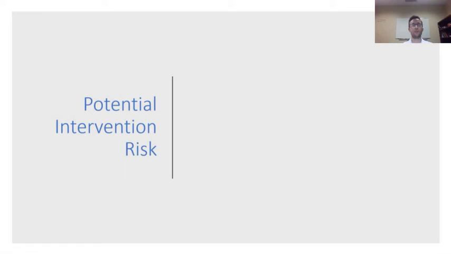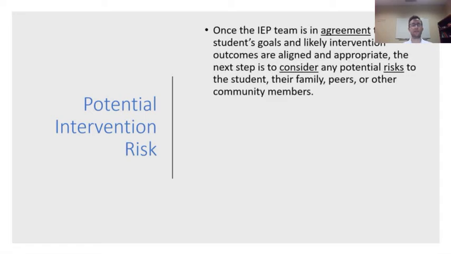Let's look at potential intervention risk. Once the IEP team is in agreement that the student's goals and likely intervention outcomes are aligned and appropriate, then the next step is to consider any potential risks to the student, their family, peers, or other community members. So we're not talking about just the risk to the student, but also other people involved in the intervention, or people who aren't directly involved in the intervention.